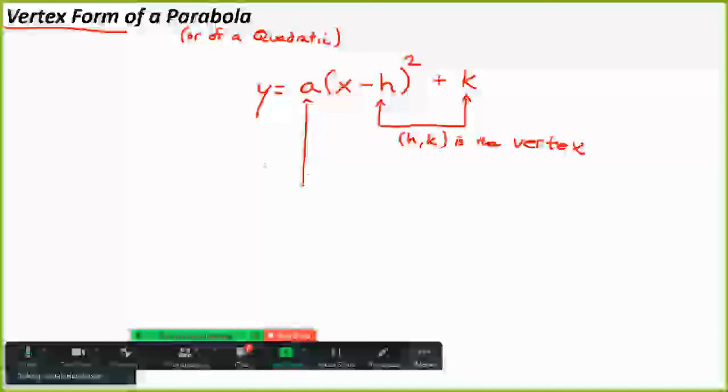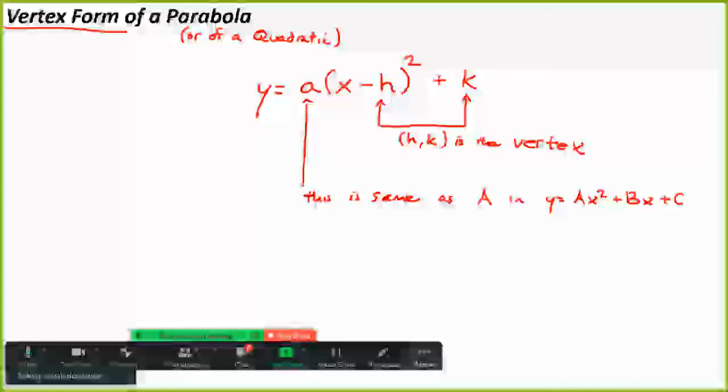But if there is something there, this is the same as the capital A from our old form. It's the same as the capital A in our old format of a polynomial.